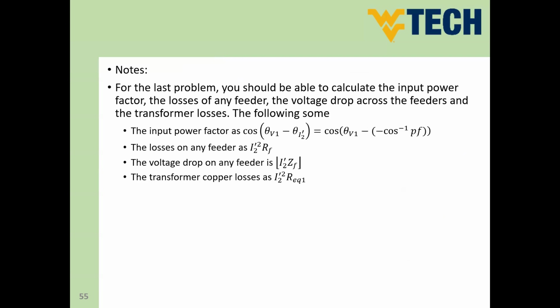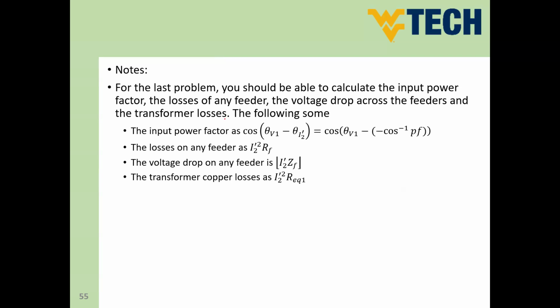We have some notes here. For the last problem, you should be able to calculate the input power factor, the losses of any feeder, the voltage drop across the feeders, and the transformer losses. Since you already calculated the currents, you can make any kind of evaluation.